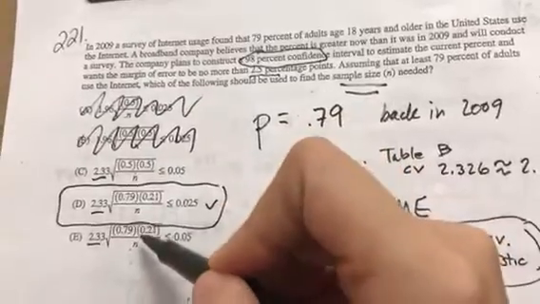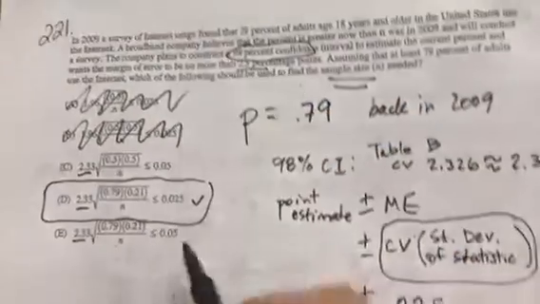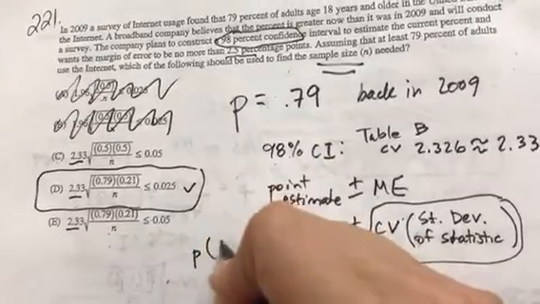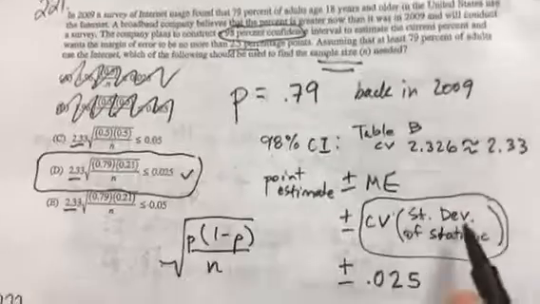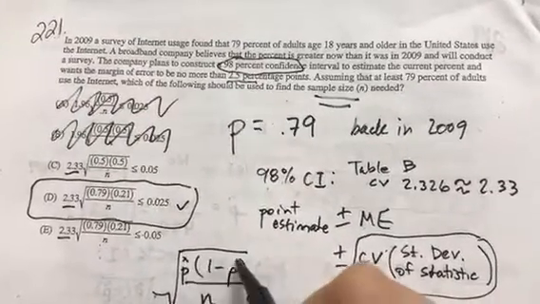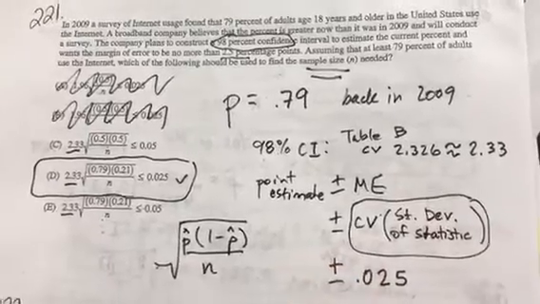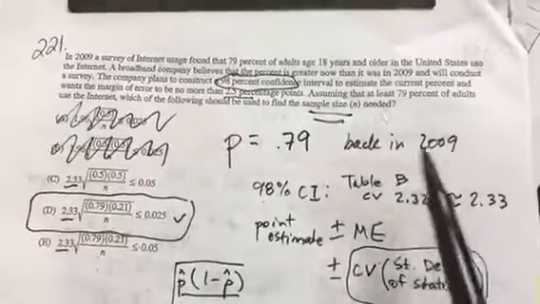But I do want to address our other choices of 0.5 times 0.5. So the formula states the square root of P times 1 minus P over N, and that is the standard deviation. If it's the statistic and you don't know the population, you can use the sample. Now, in this setting, we knew what it was back in 2009.